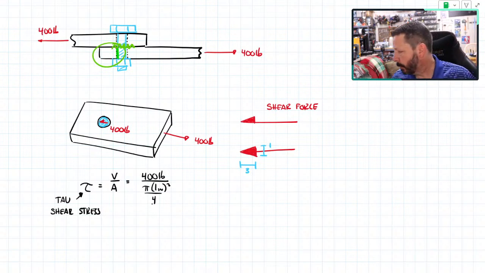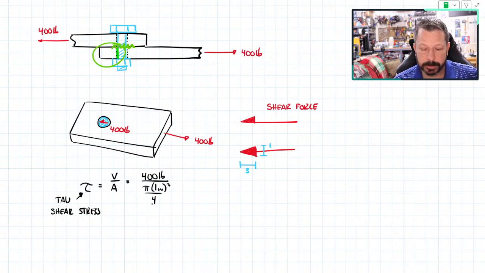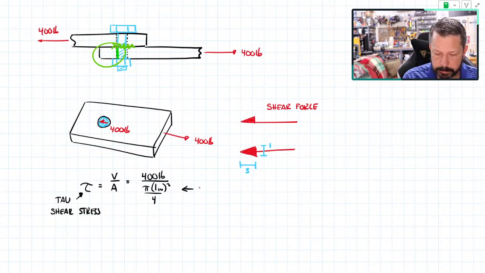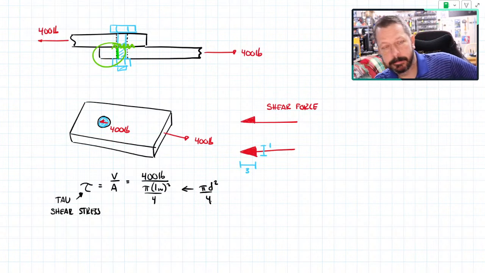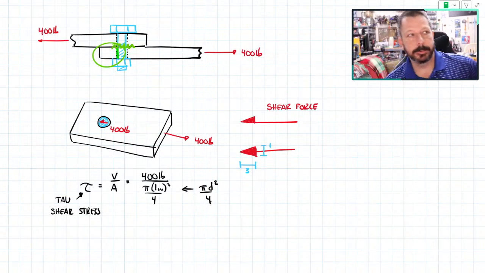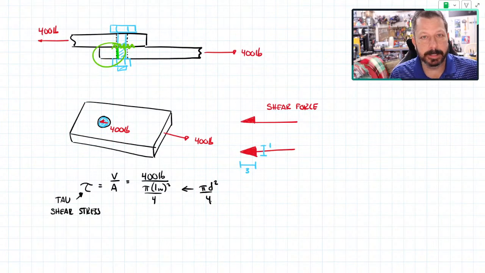Or when you're talking about a bolt, you're talking about its diameter. You're not saying the radius of the bolt, and you're not measuring the radius. So most of the time, you're going to be dealing in diameters, and so probably a good idea to get used to using pi d squared over 4 instead of pi r squared, just for the reason that you're normally talking about diameters and not radiuses, radii.